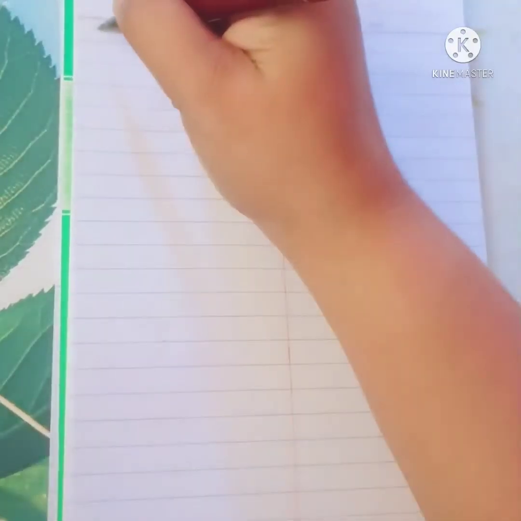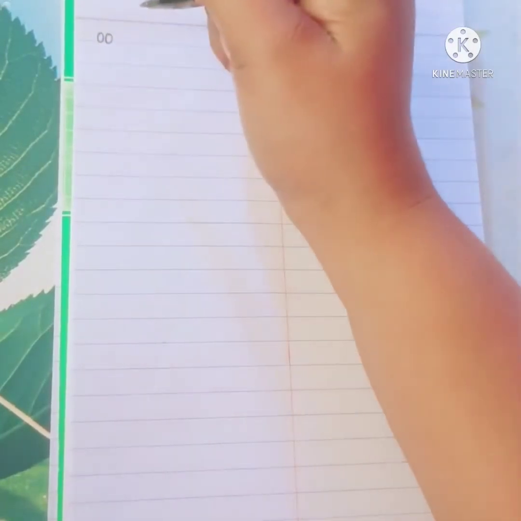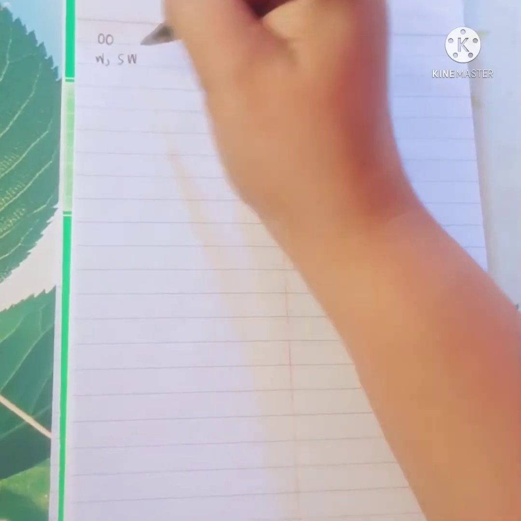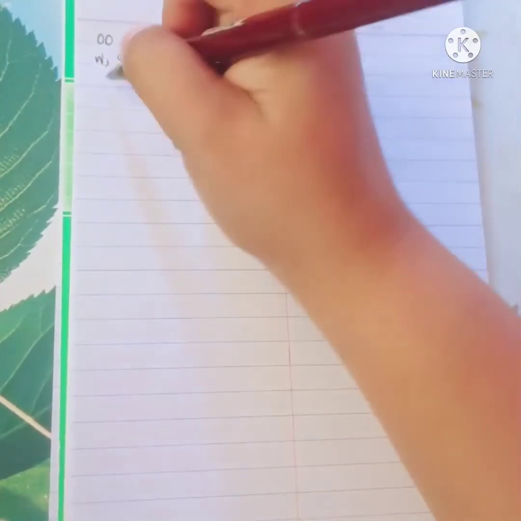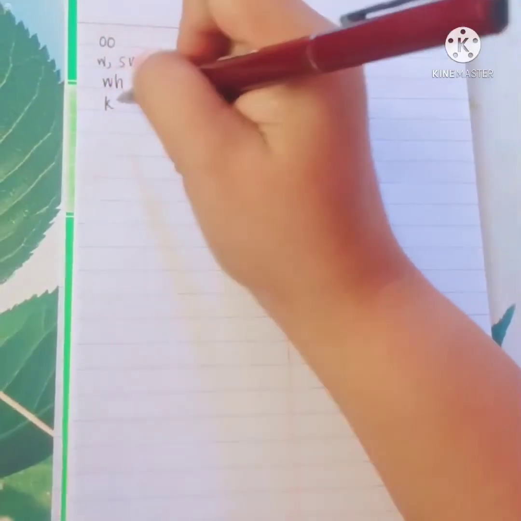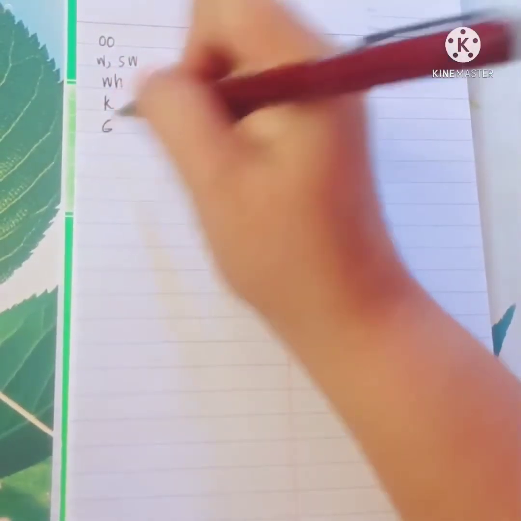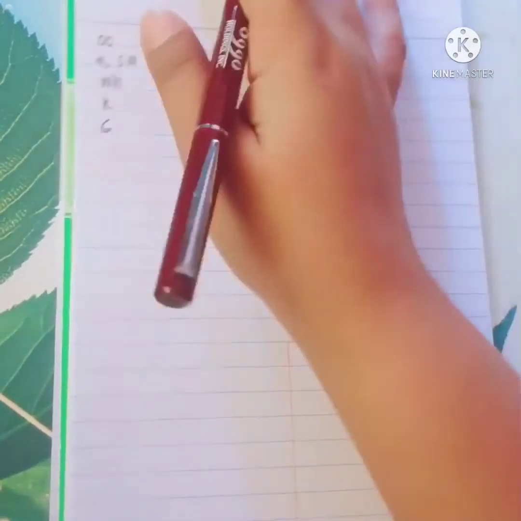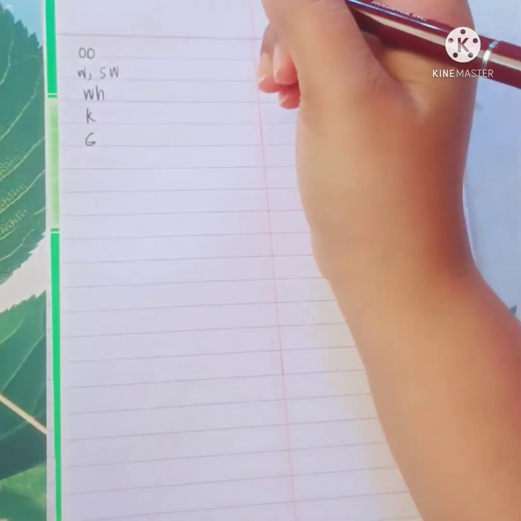U words: U, W or SW, WH, K, and G. So why are they in one lesson?